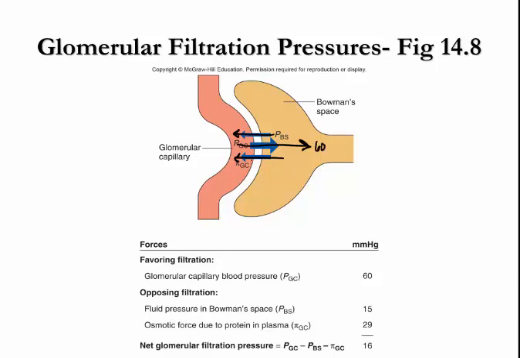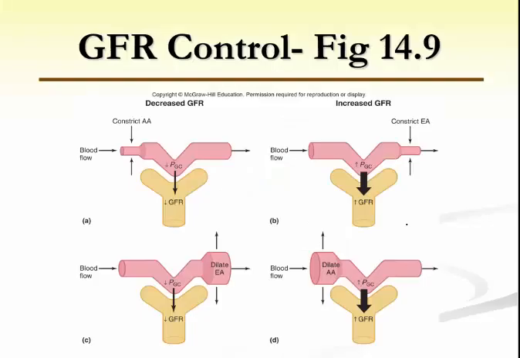So if this is 60, and this is 29, and this is 15, we end up with 16 millimeters of mercury as our net glomerular filtration pressure. And that is going to have an effect on the rate at which blood is filtered in the kidney.